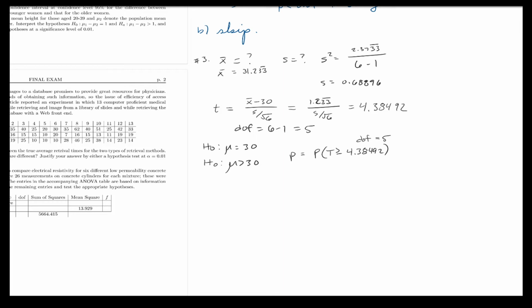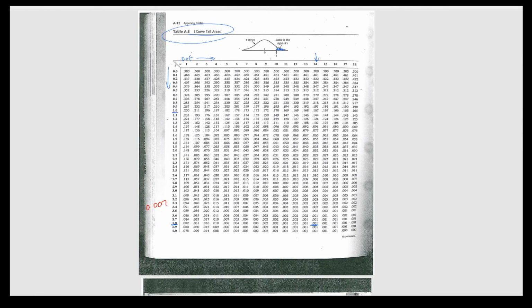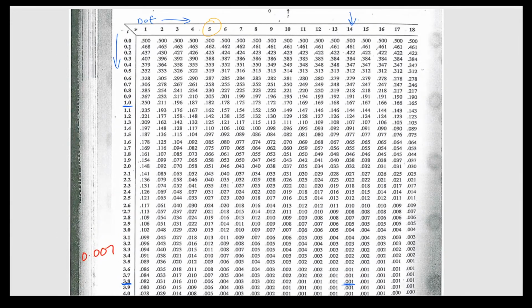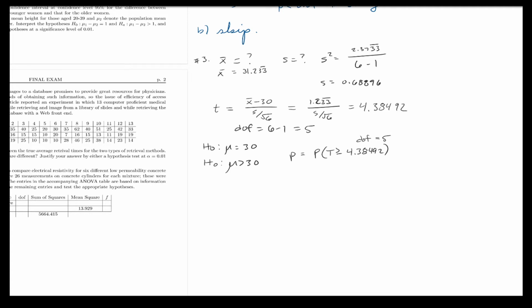So I gotta look up my t-curve tails chart. So t-CDF, and we're looking for the column 5, so right here, and we're going all the way down to 4.4, round it to 4.4.